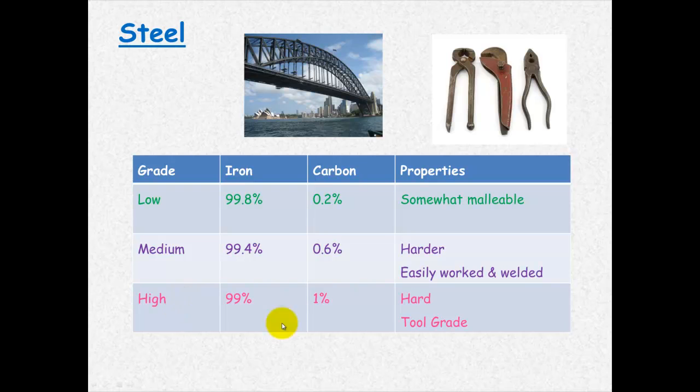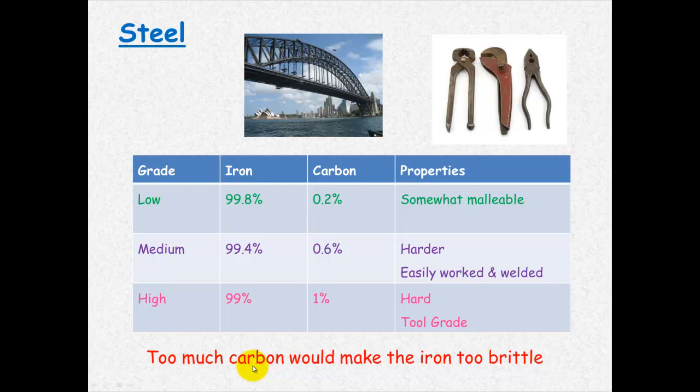However, high-grade steel has a higher proportion of carbon in it. This makes it very hard, and it's tool-grade steel. But remember, a harder metal will also be more brittle and less malleable. Too much carbon, of course, would make the iron too brittle, and therefore you wouldn't be able to use it.